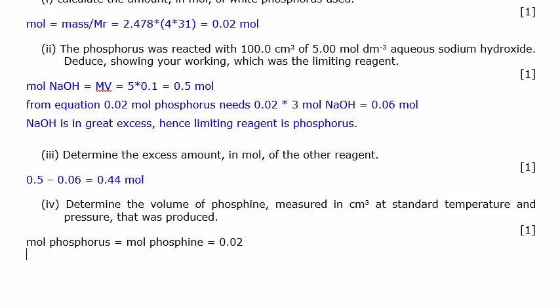Now we have to use our equation for getting the volume, PV equals nRT. What do we want? We've got n, we know T, we want V. Alright, so V equals nRT over P.